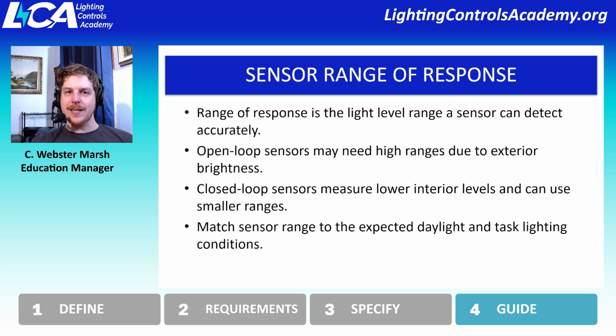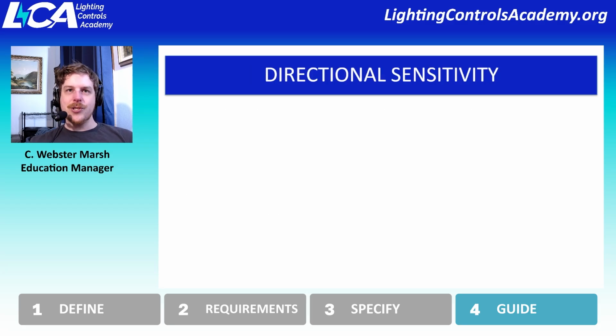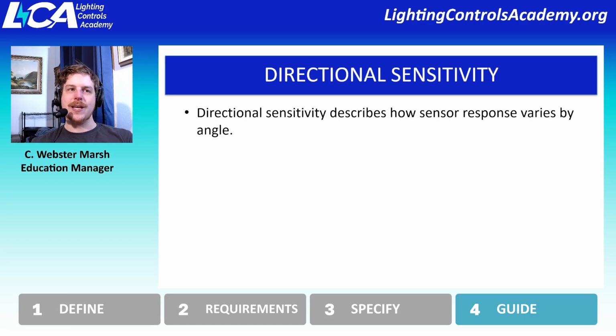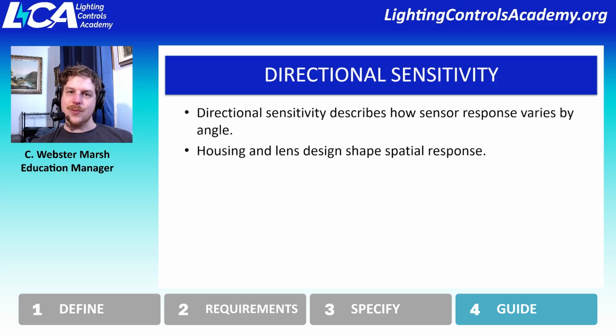So just double checking that spec, and then also checking the directional sensitivity. Now, a lot of interior network lighting controls don't have a huge amount of variance between their directional sensitivity, but it's something to keep in mind, which is to see how the sensor responds to its view angle. And so the housing and lens will modulate how much light is being contributed from each angle.